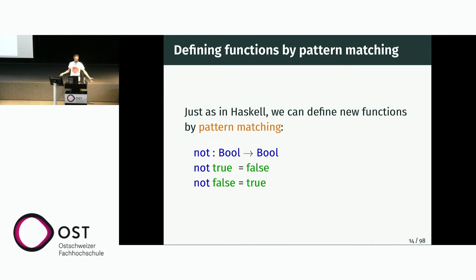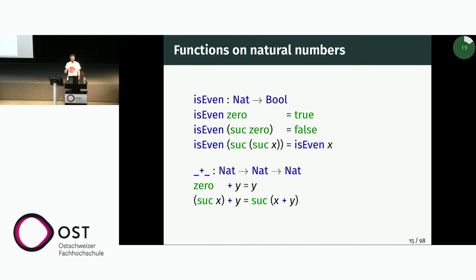If we want to define functions, just as in Haskell, we can use pattern matching. We can define, for example, the not function in this way, which is pretty straightforward. Or we can define functions by pattern matching on natural numbers, with deeper patterns here, so this can be nested.